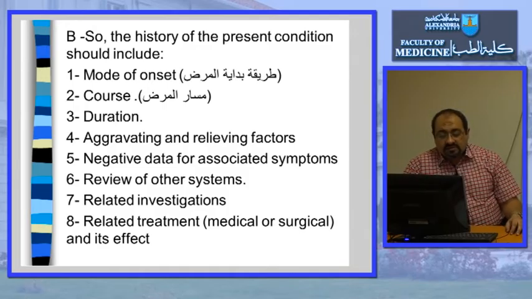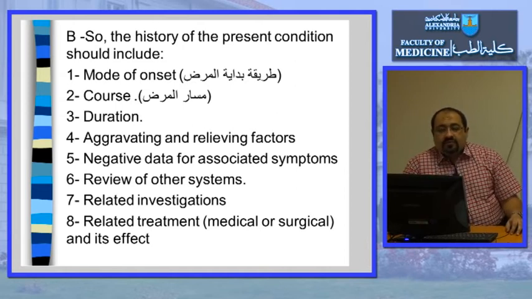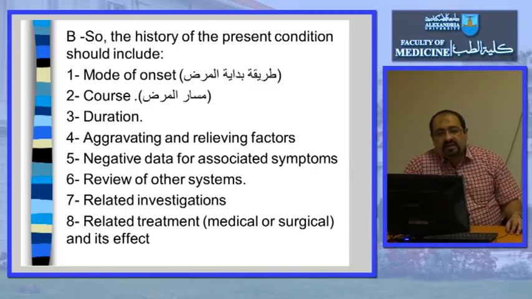These are the main items that should be asked for all the complaints that the patient tells you. Of course, with each symptom, you are going to study more details about additional items that can be added to these eight items. For example, if the patient is complaining of pain, you can add to these items the type of the pain, the severity, the location, the site of referral.